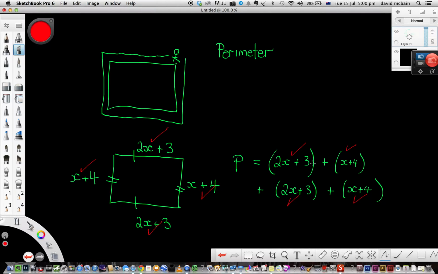What we could really do, if you notice, is group these terms and make it a little bit easier to write. A quicker way of doing this might have been to notice that there are two lots of 2x plus 3.